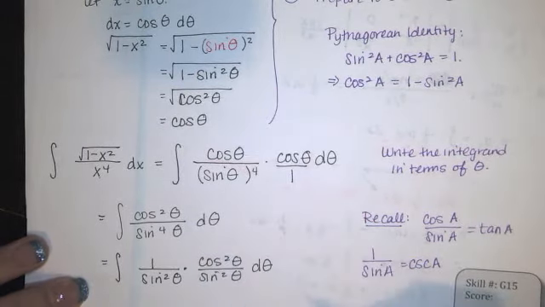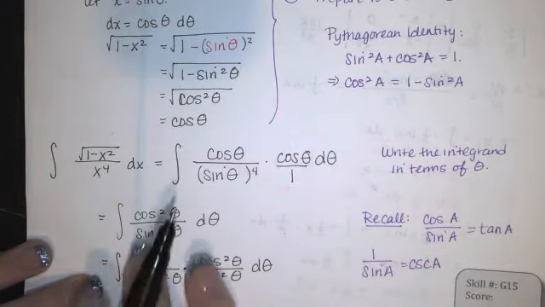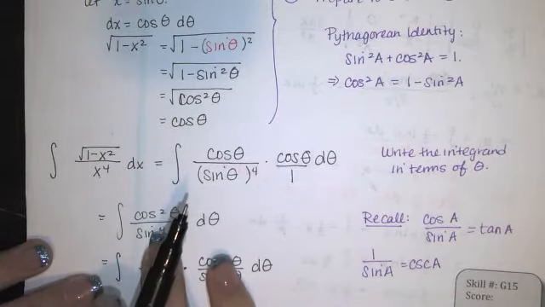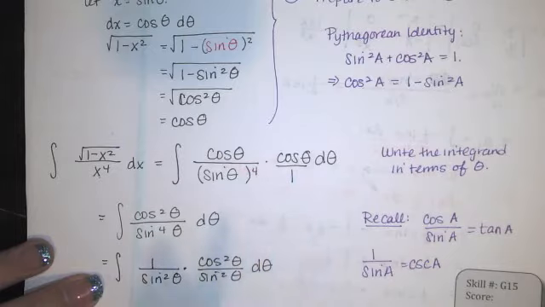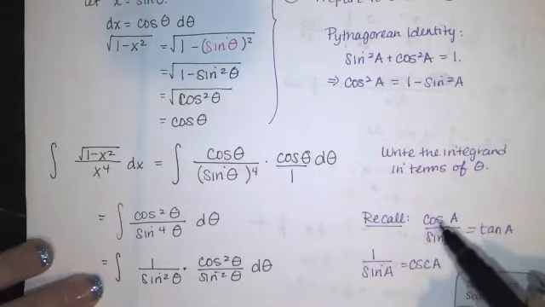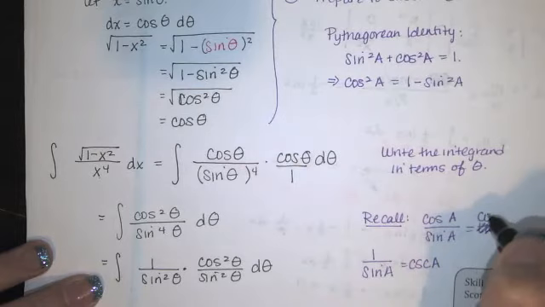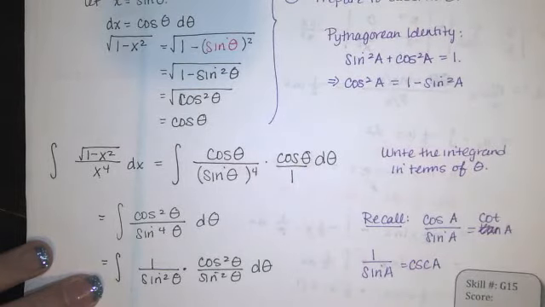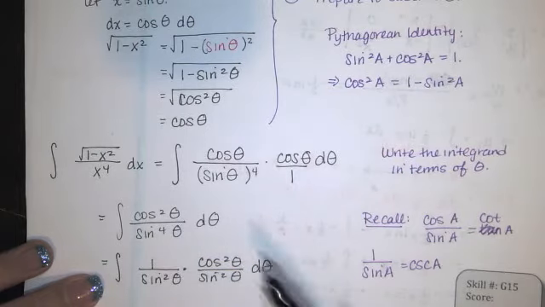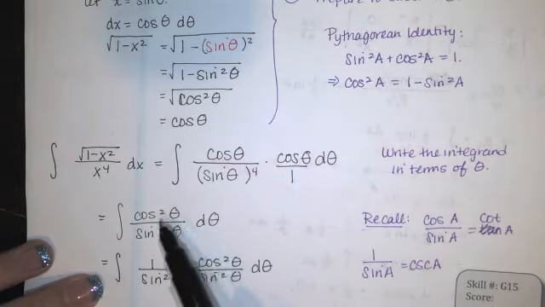If you're saying, how did you know to do that? Well, I'm just thinking about how I can rearrange this, knowing what I know about our trig functions. Since I know that cosine over sine is cotangent. I don't know why I wrote tangent. Cotangent of that same angle. I want to reorganize this so that this looks like a cotangent. Now, if that's squared, I need the denominator to be squared.